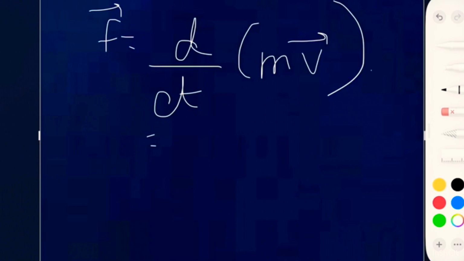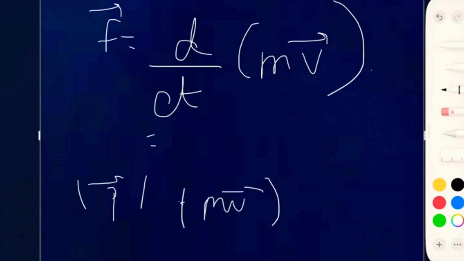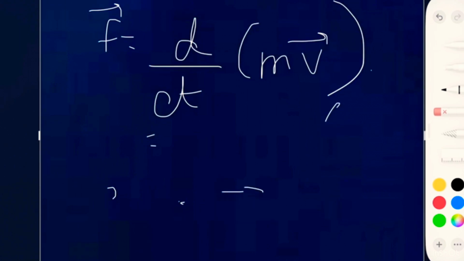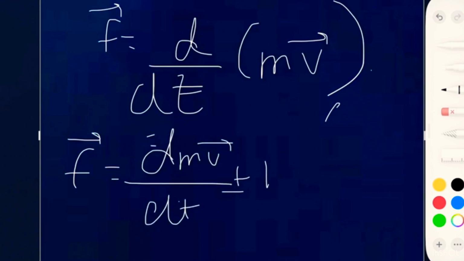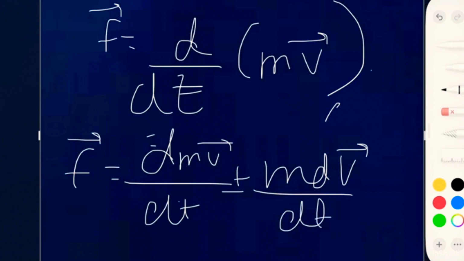We already know that P is equal to mv, so we are putting it here, in the place of P we are putting mv. So F is equal to d(mv) by dt, that is dm by dt times v plus m dv by dt.